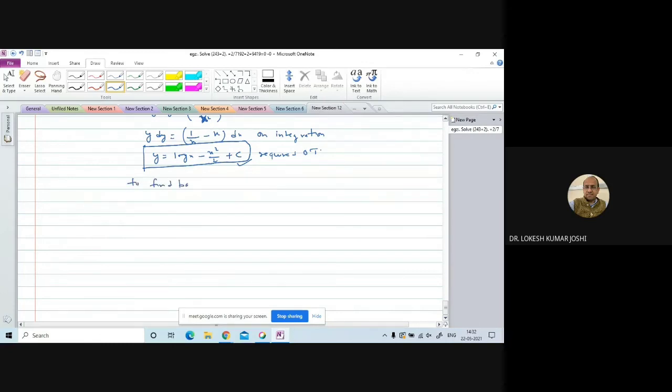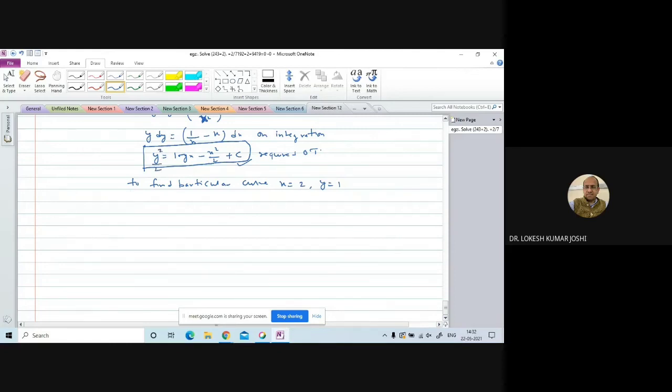To find the particular curve, we put x equals 2, y equals 1. Let us check what will happen. I have made one mistake, very sorry.